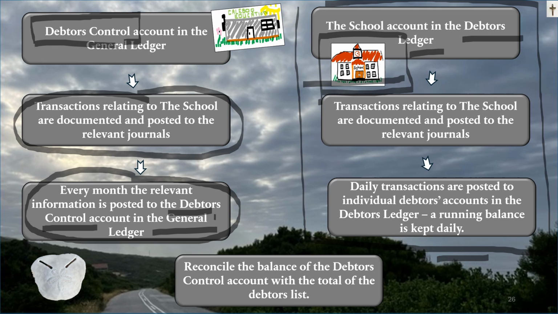And if we took a list of all the debtors in the debtor's ledger, there would only be one debtor, the school, and the school, as we saw, now has a balance of 0. So we need to do the control account in the general ledger and see if it equals the account of the school in the debtor's ledger. So let's do the control account in the general ledger.